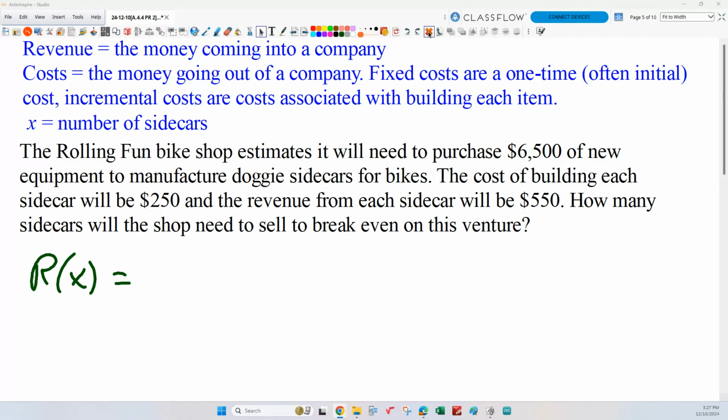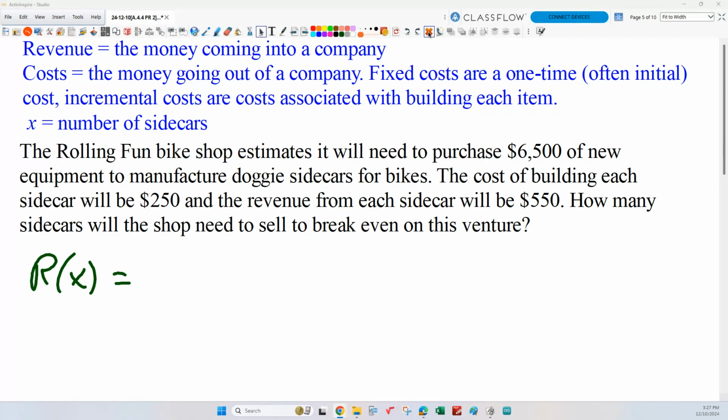So if we're building and selling X sidecars, how much money are we bringing into the company? Each one we sell for $550. So if I'm selling X of those, how much? 300 per car. So wouldn't it just be? Well, no, I just want revenue. I'm not talking about profit. I just want to know revenue here. How much money is coming in? 550 per sidecar. So if I sold 10 of them, how much money would be coming into the company?